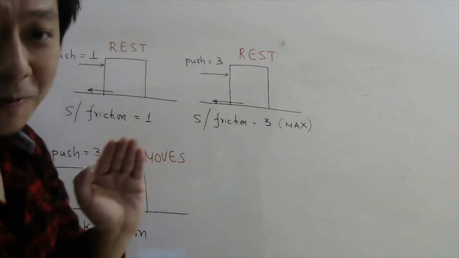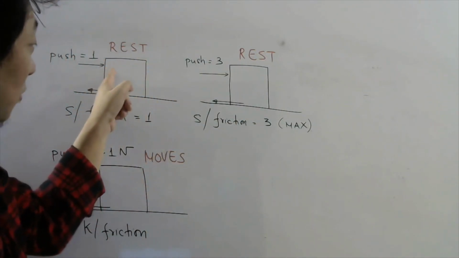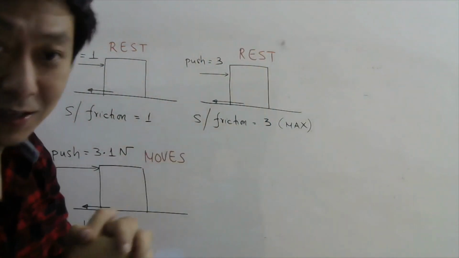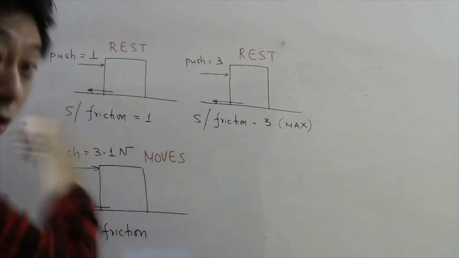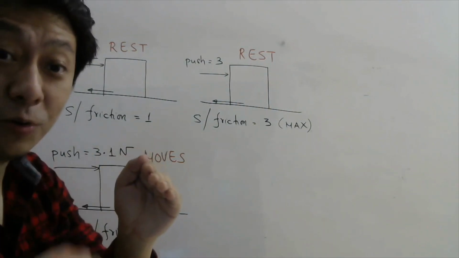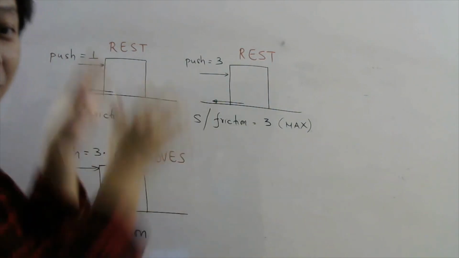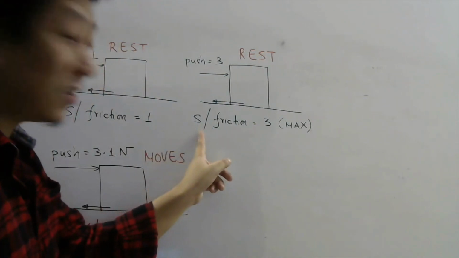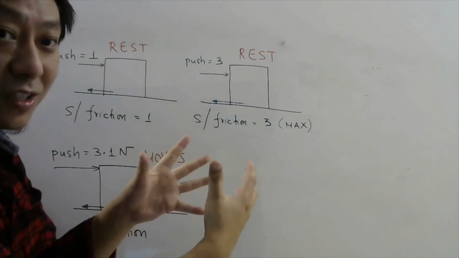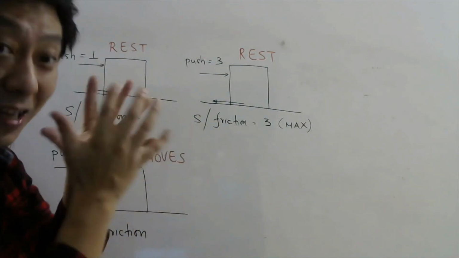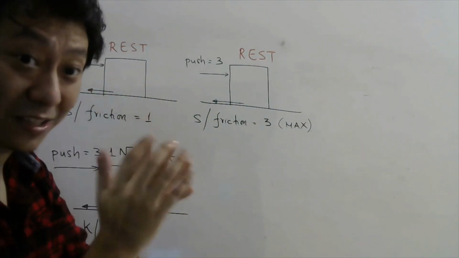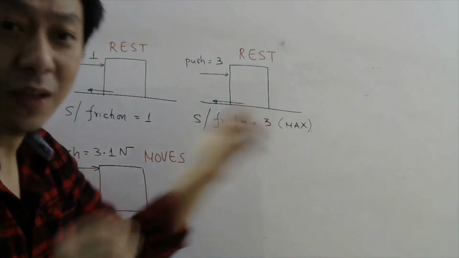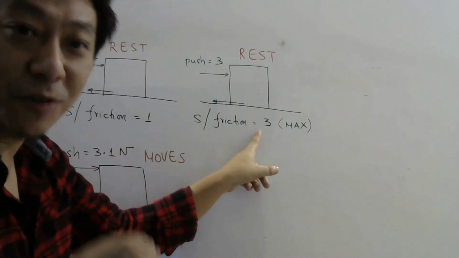Come to this now. If I increase the push from 1 to 3, let's say, and the block is still at rest, then it means the friction also has to increase from 1 to 3 in order to keep the block at rest. I call it static friction because it keeps the body at rest. Static means rest. So that static friction has a maximum value. Let's assume the maximum value is 3.